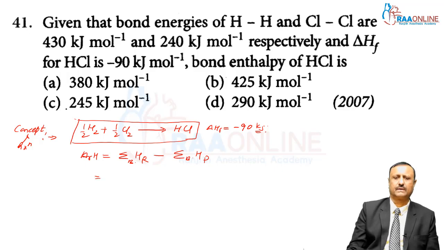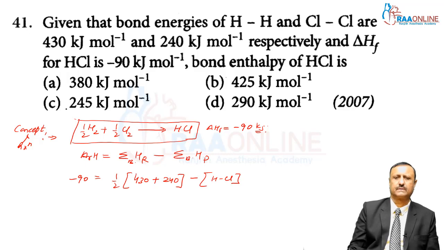Now, the enthalpy of the reactant: H2 is given as 430, you take the 430 bond enthalpy of hydrogen plus chlorine, you take 240, because here we take half, minus the product, the bond enthalpy of the product, that is HCl. You want the HCl bond enthalpy, and here it gives the enthalpy of the reaction. So, minus 90 is put here.